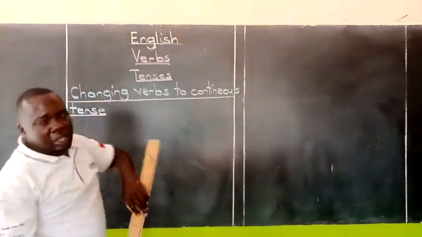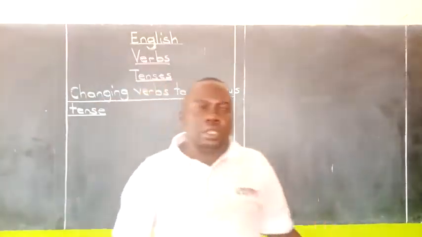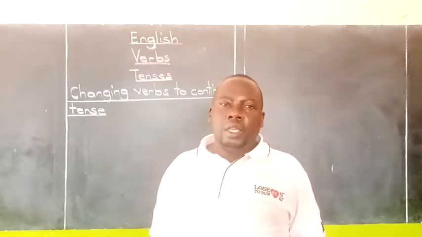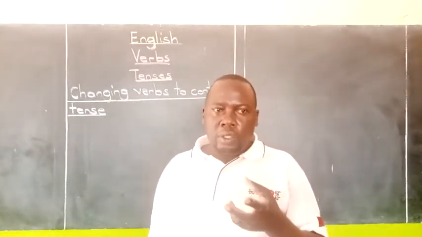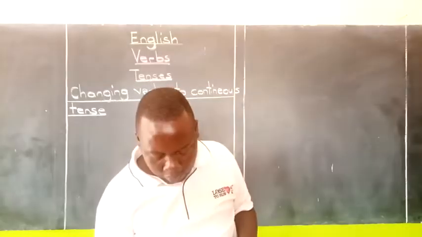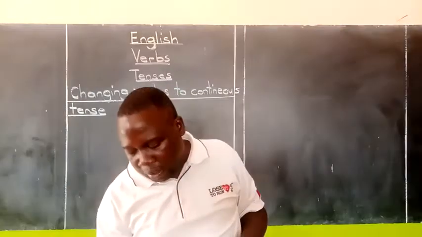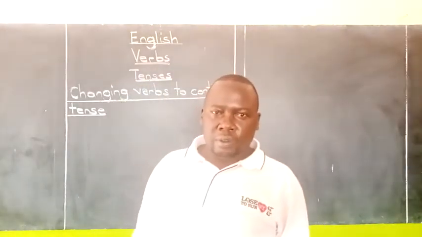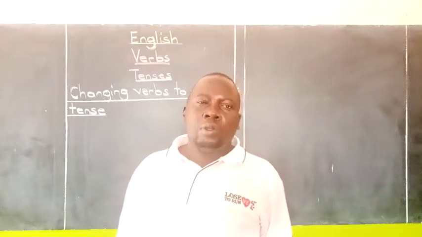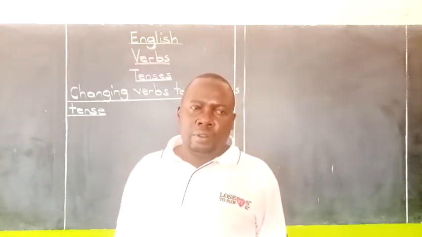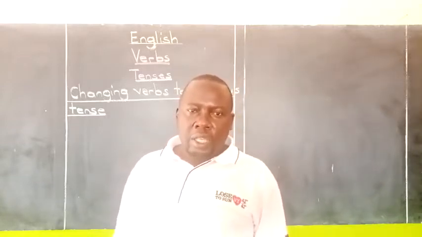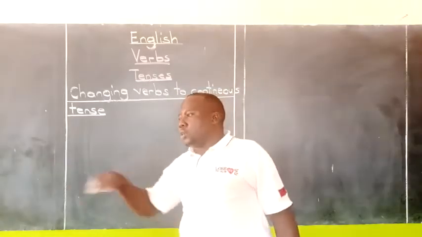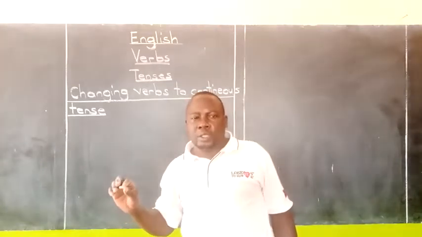Last time we changed the verbs to continuous tense by adding only ing. But today we want to change verbs that end with letter E. So what do we do to letter E? This letter E is dropped. Dropping means throwing away something that you don't want.